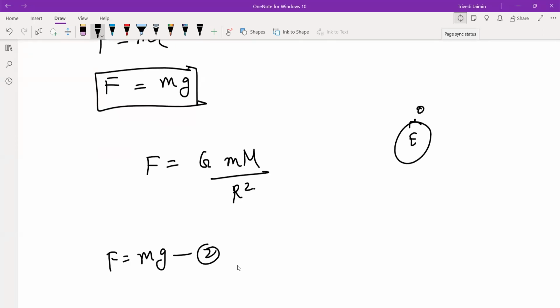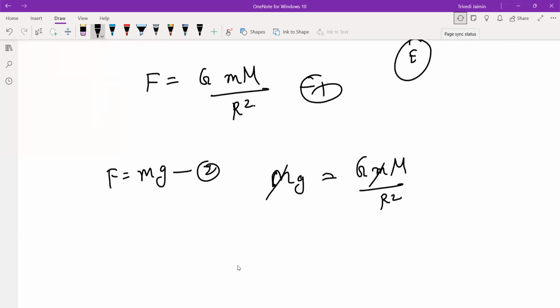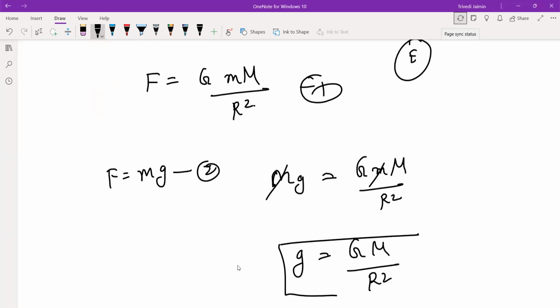Let's combine this. mg equals G M m by R square. So g equals G M by R square. Now we got this formula.